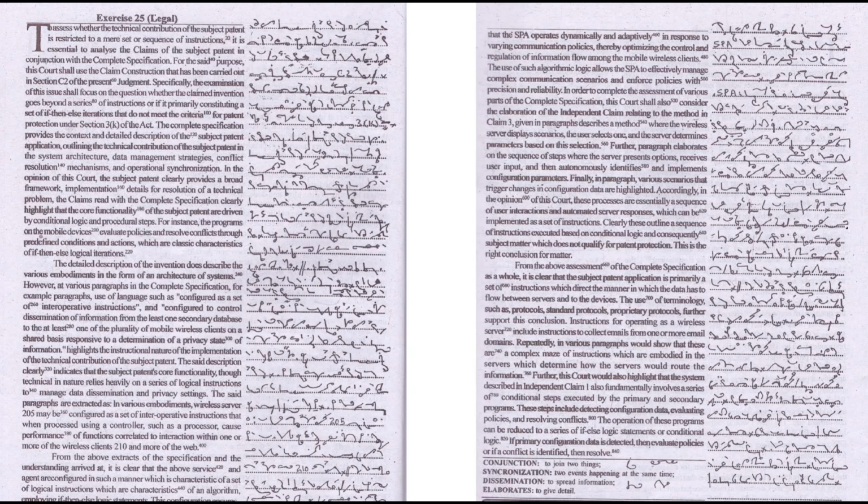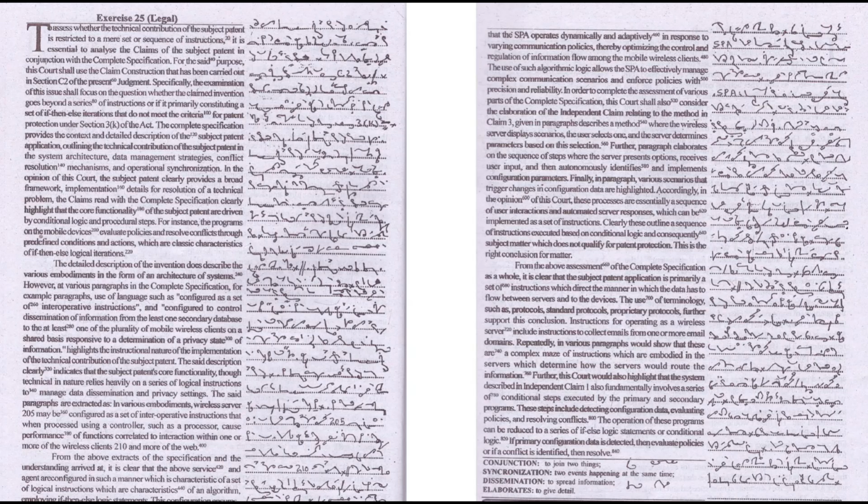a series of instructions or if it is primarily constituting a set of if-then-else iterations that do not meet the criteria for patent protection under section 3(k) of the Act.